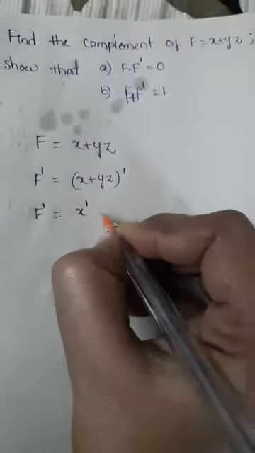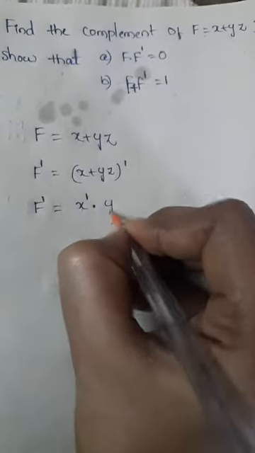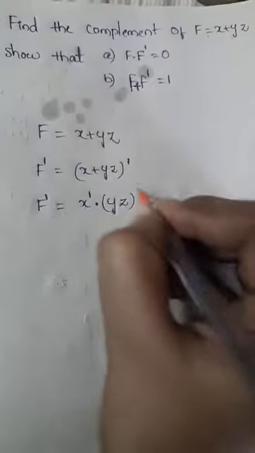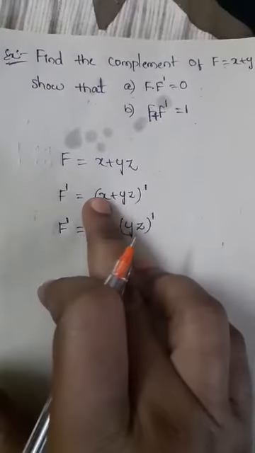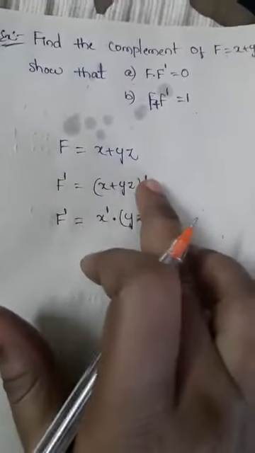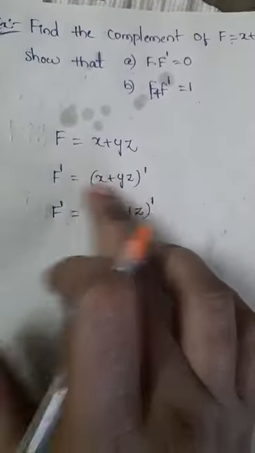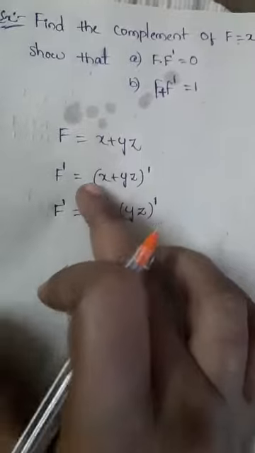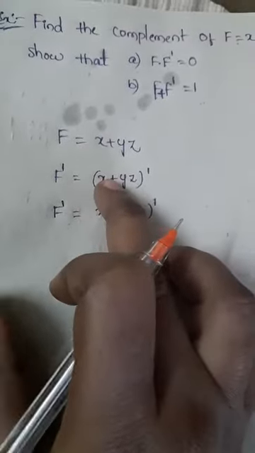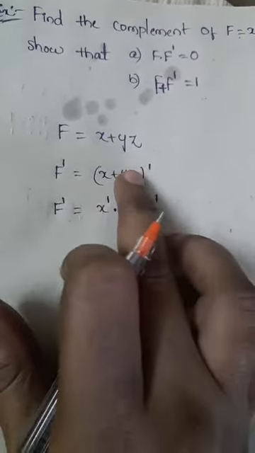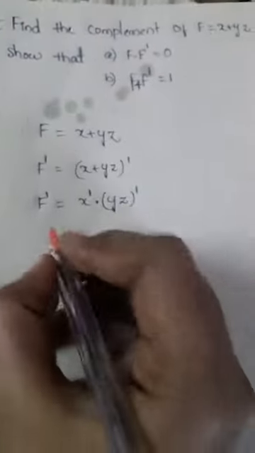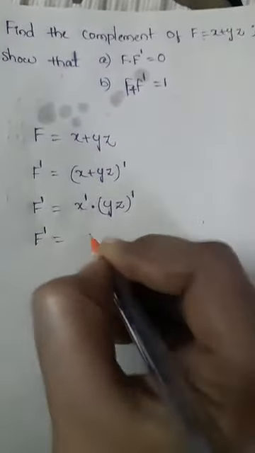So X complement into YZ complement. The complement is applicable to the whole function, so it is applied to the individual variables. This OR function is converted to the AND function and this will be YZ whole complement. I can rewrite this equation.